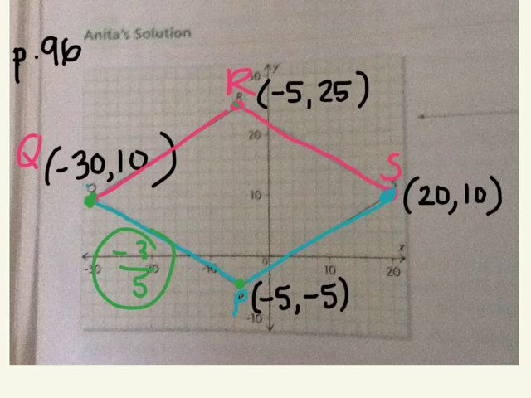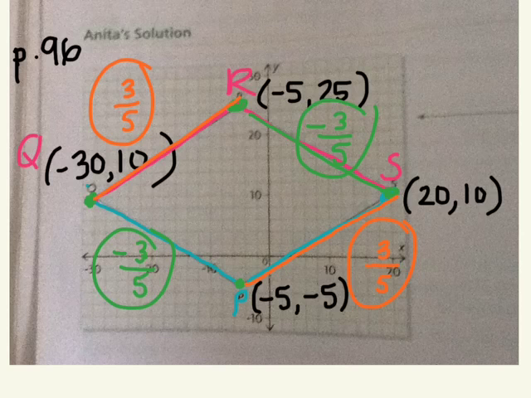What is the slope for RS? Anyone find it yet? This has a slope of -3/5 as well. Okay, did anyone find the slopes of PS and QR? And looking at this graph, we know that this slope is positive, and when you calculate the slope, positive 3/5, what's the slope of QR? 3/5.